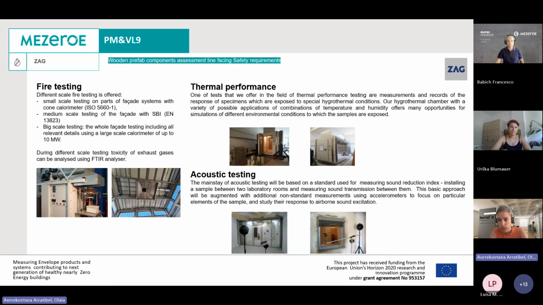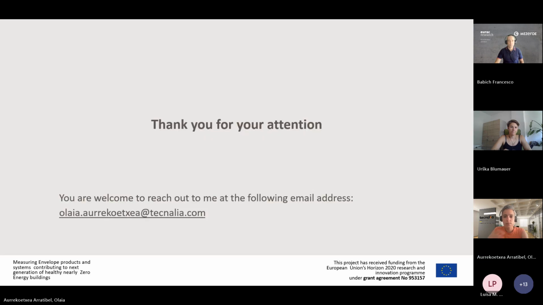They also offer thermal performance tests and acoustic tests. So this would be a general overview of all the different testing facilities that we have implemented. So thank you all.